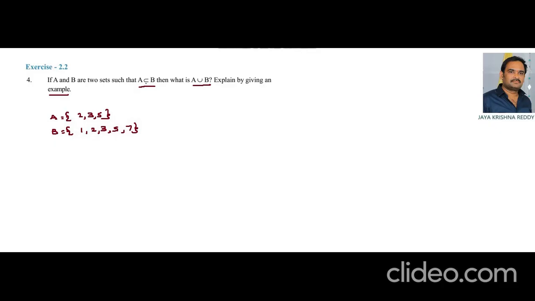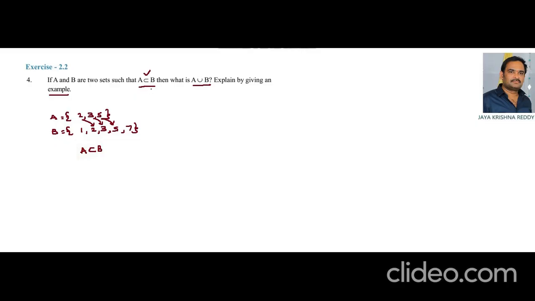Now, what is the given condition here? A subset B. If you observe, the elements of A, that is 2, 3 and 5, all three elements of A belong to set B. That means we can say that A is a subset of B.